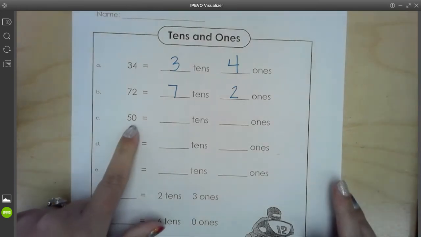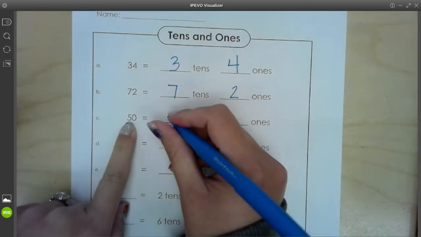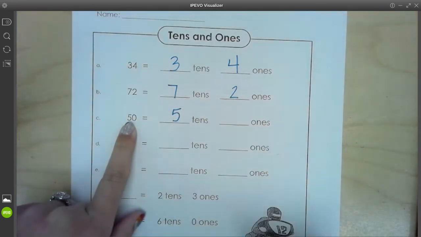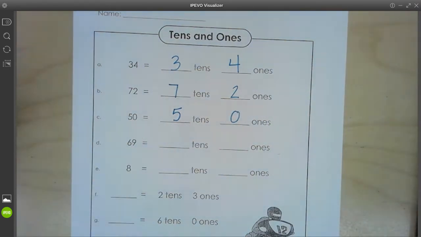Next number we have is 50. If we look for the tens, we have 5 tens, and in the ones we have 0 ones. So 50 has 5 tens and 0 ones.